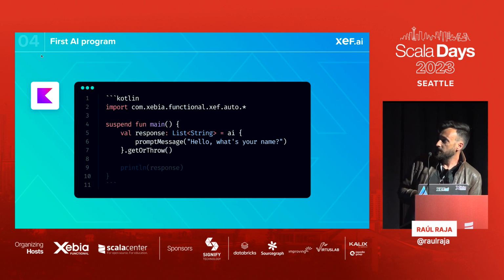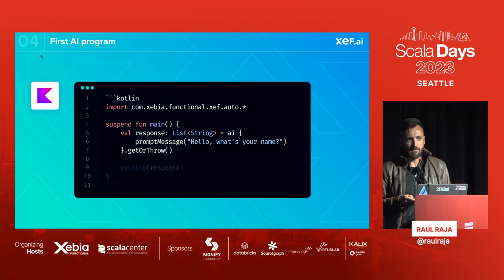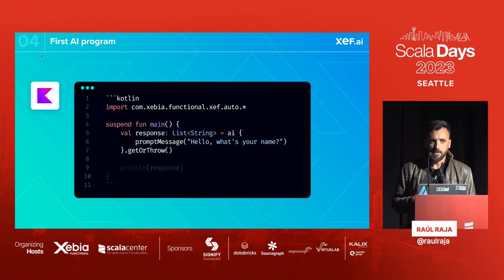And as we mentioned, because it's a function, we always need to say how we want to evaluate that workflow that we are doing with AI. This is to prevent us from making mistakes, running into runtime errors that will crash our application in our server and so on. So in this particular case, this is the unsafe operator, get or throw, which basically tries to get the value of the monadic context of the AI.